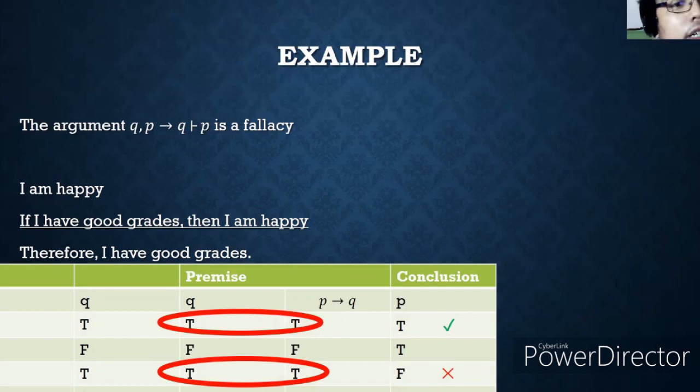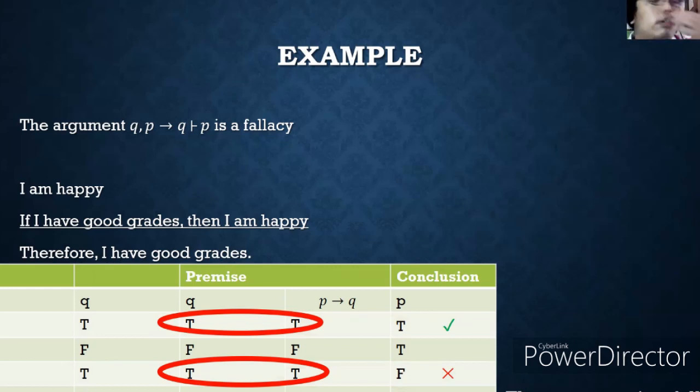So since at least one did not meet the condition that we have in our definition for a valid argument, this one is a fallacy. If both premises are true, it leads to at least one false conclusion, so that is already a fallacy.